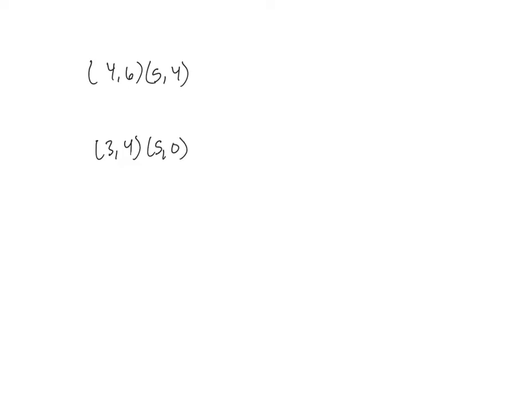Are they parallel? So change in y over change in x. So from 6 to 4, that's the y, that went down 2. And then from 4 to 5, that went up 1. So I'd have a slope of -2.